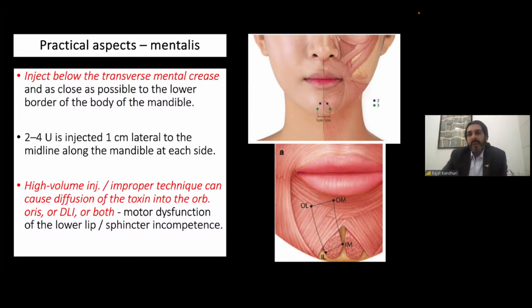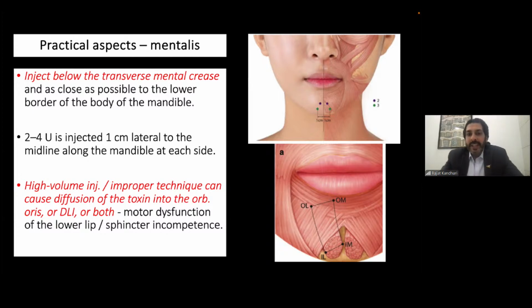But if you want to keep it very, very simple, use a 2-point injection technique with your needle pointing inside towards the midline, not outside, because again, you will end up hitting the DLI and injecting the muscle. The origin is the canine fossa, incisive fossa, but it eventually inserts into the skin, which is giving the puckering. So 2 to 4 units either side with needle pointing towards the midline.